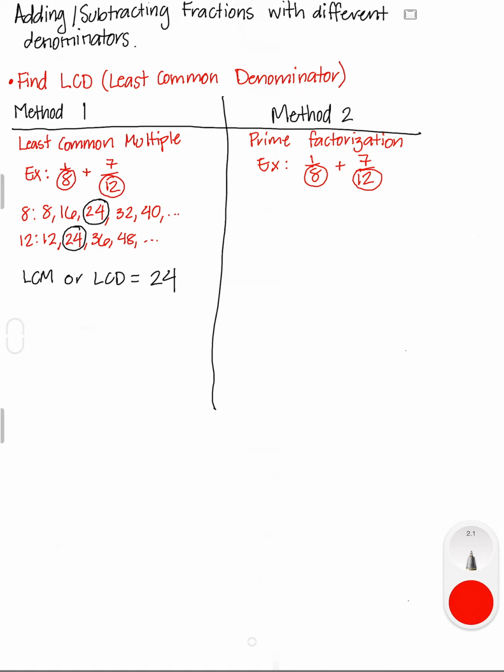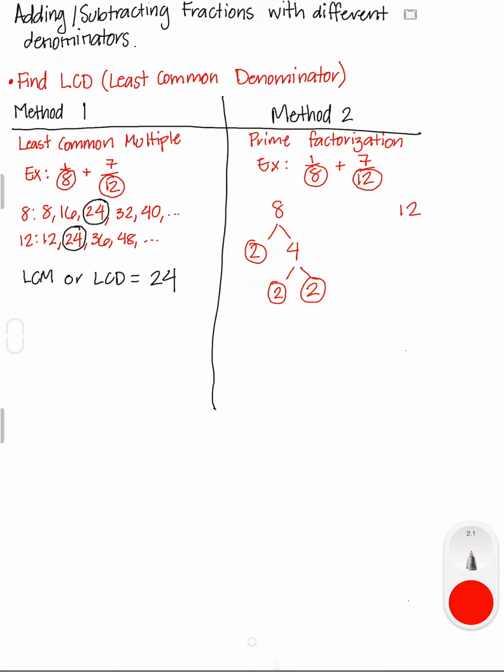So let's go ahead and break both numbers into prime factors, and I'm going to use prime trees. So 8 means 2 times 4. Now 2 is a prime, so I'm going to circle it. 4 is not a prime, I can still break it down. So 4 is 2 times 2.